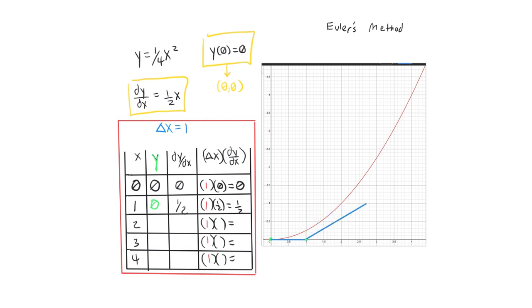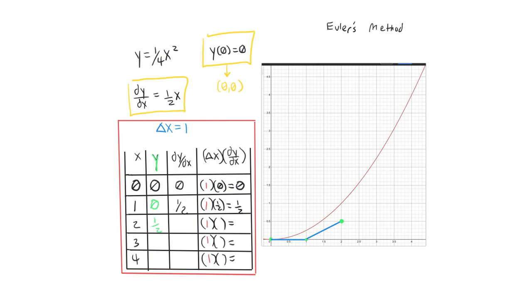But I want to scale that back to there. So that's the next point. So the next point is going to be right there. Now, as you can see already, our approximation graph is kind of tracking the curve. So this point is 2, 1/2, right?